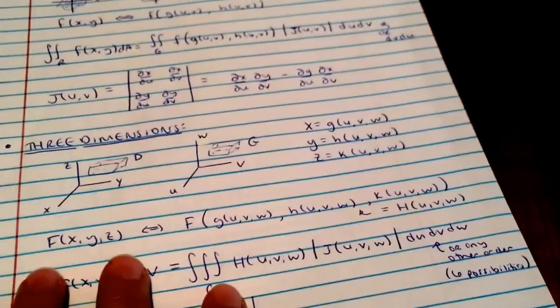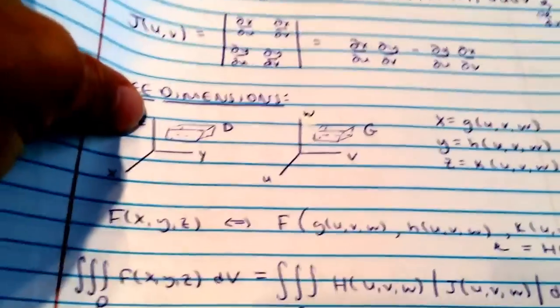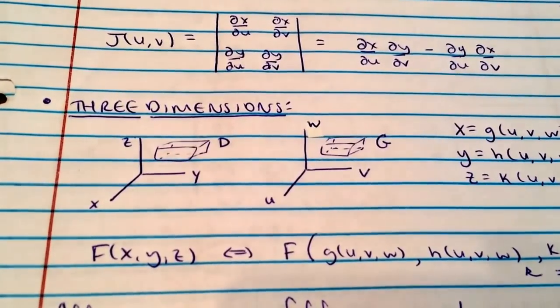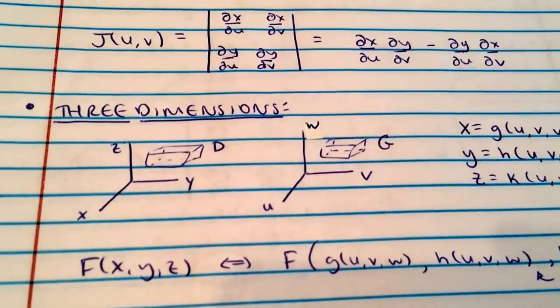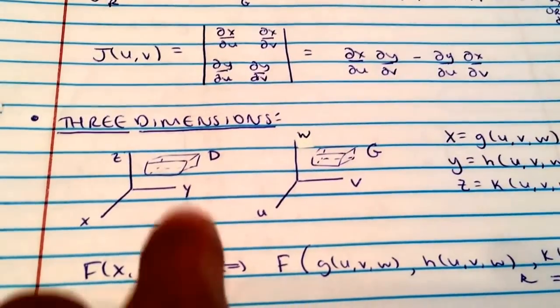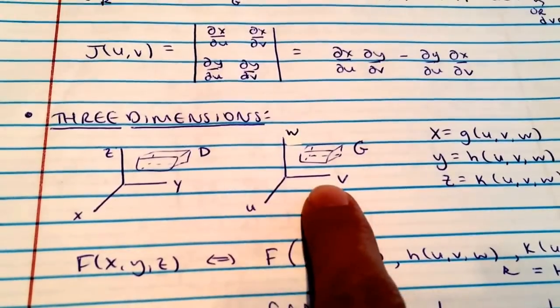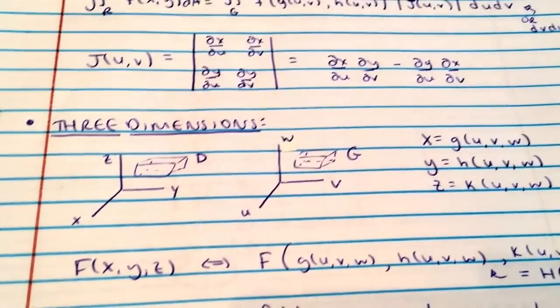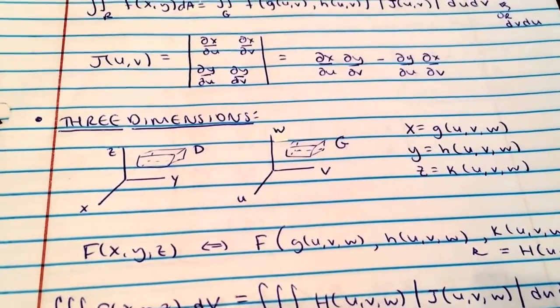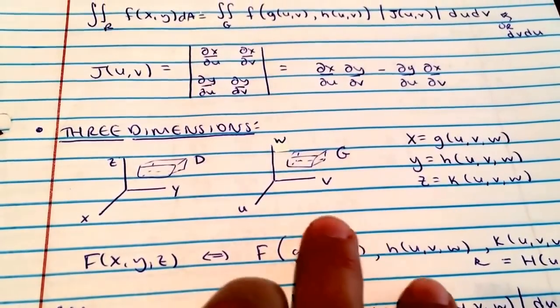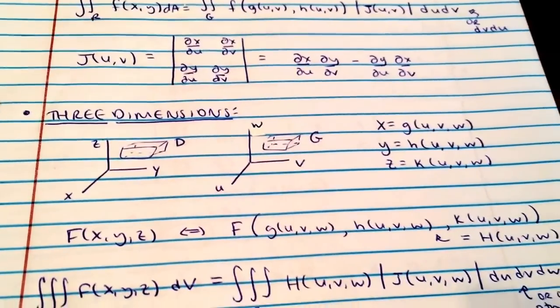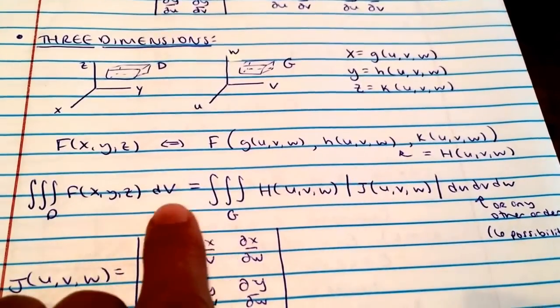Again, I just drew pictures like they had in the book. And again, they look the same shape, but they don't have to stay the same shape when you do the transformation. So you've got D in the xyz space, G in the uvw space. I mean, not plane, these are space. xyz space, uvw, it's three-dimensional. And here I just put dV.